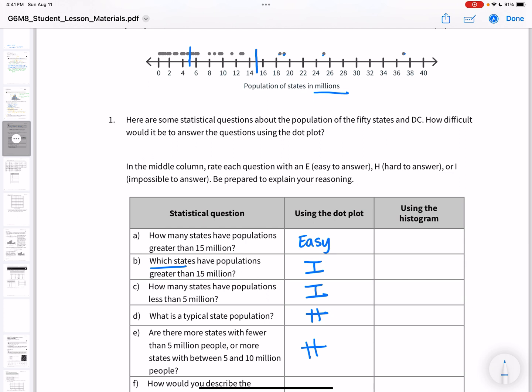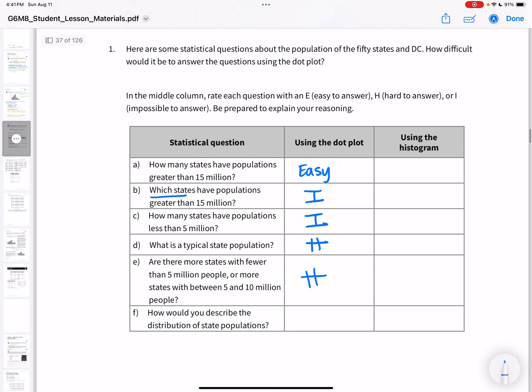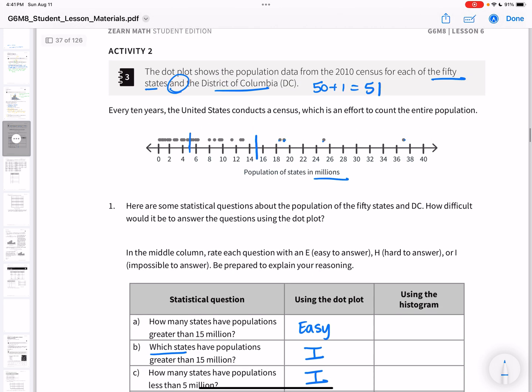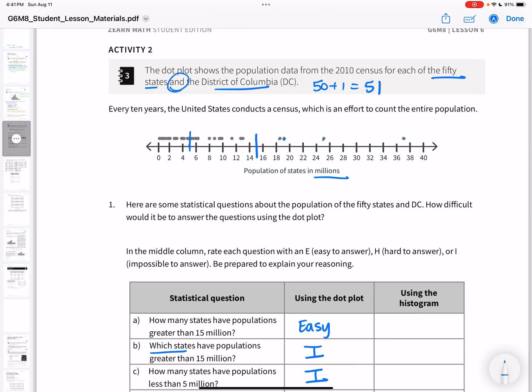So it's really hard to determine. How would you describe the distribution of state populations? This, again, is really hard. Since the dots overlap a lot, it's difficult to give a good estimate for the center and the spread because we can't tell how many dots are right here. So we can't tell where to split it in half.